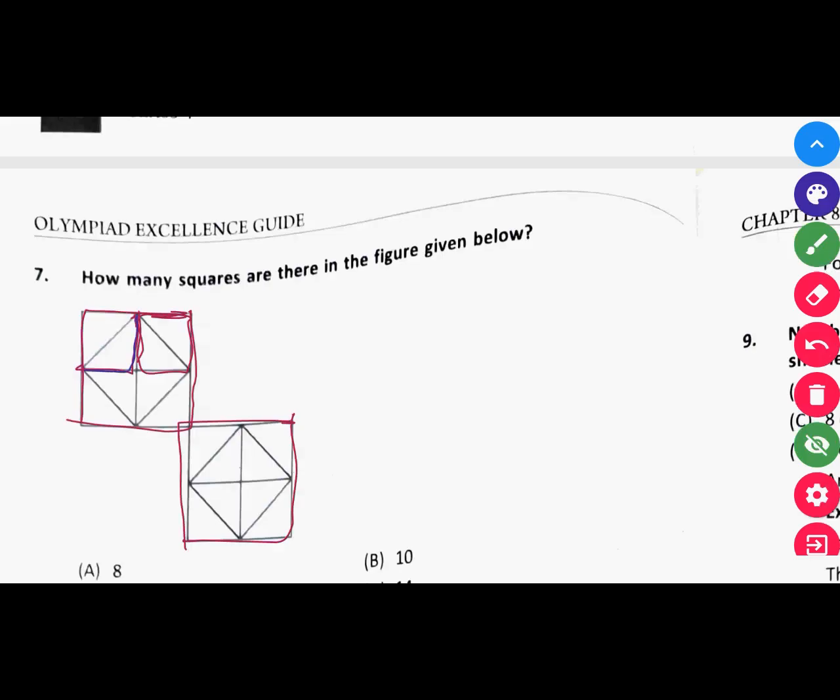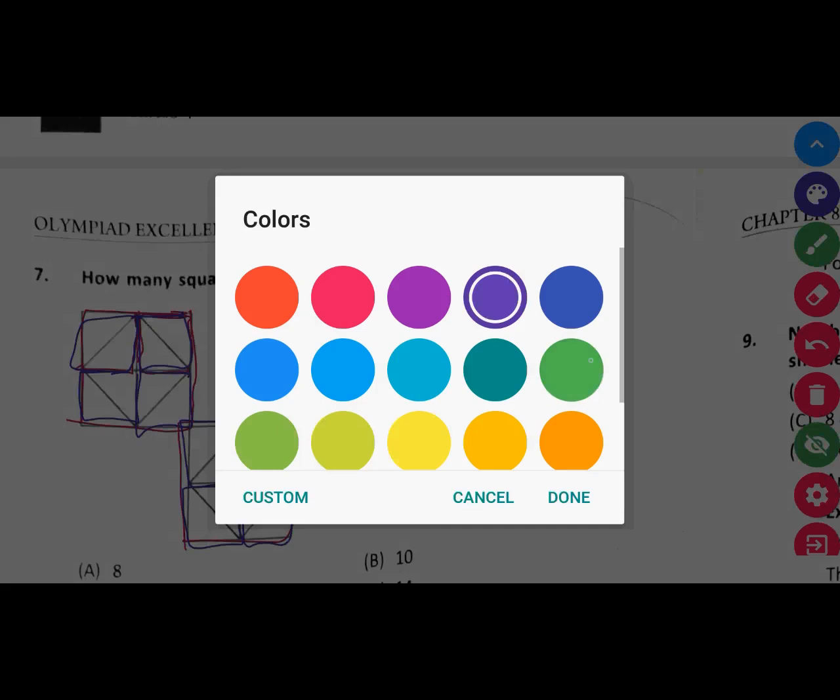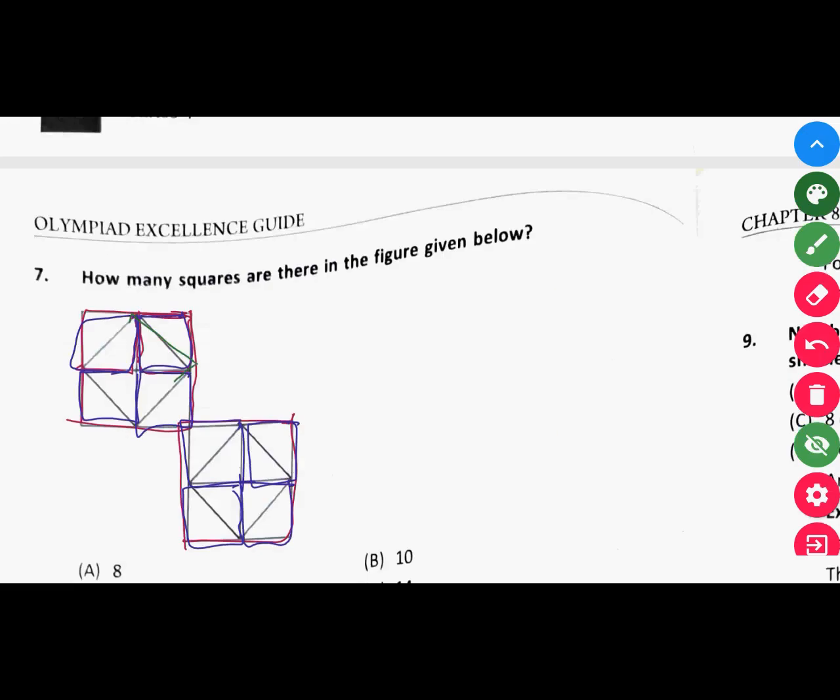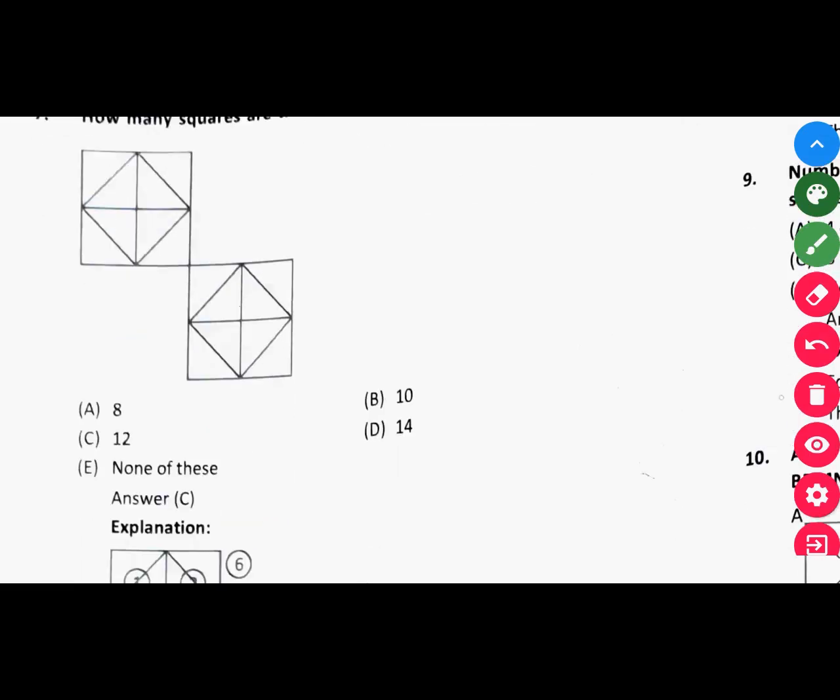With another color, 3, 4, 5, 6, 7, 8, 9, 10. Now is there any more square? Yes, 11 and 12. Okay, so how many are here? So 12 squares are here. So our answer is option C.